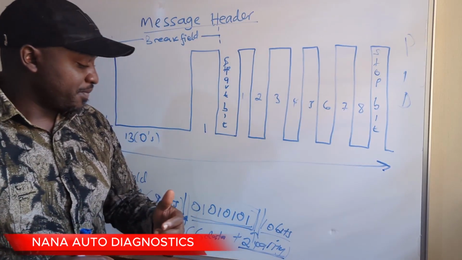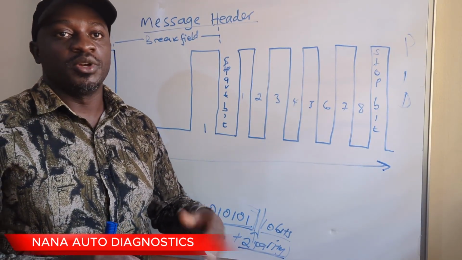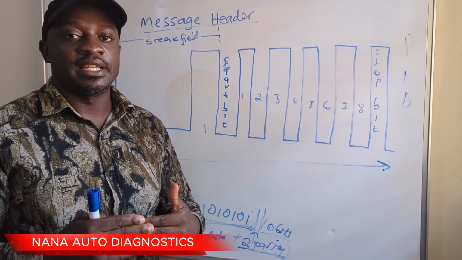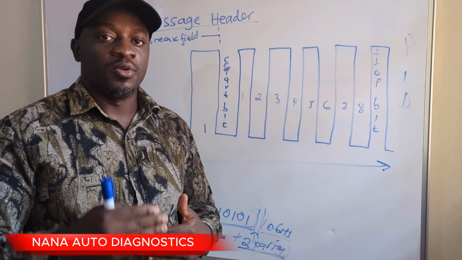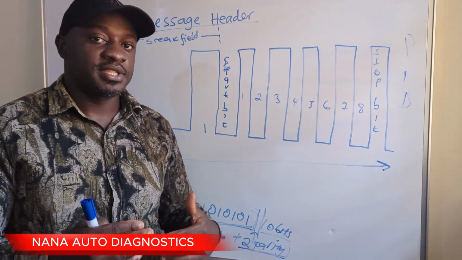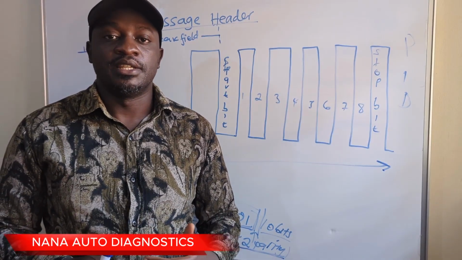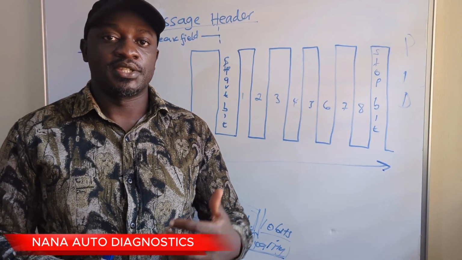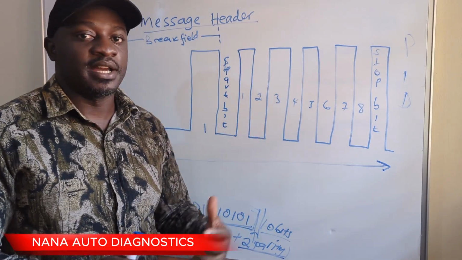So the main function of the 2 parity bits is to ensure that we have data integrity as it is being transmitted on the bus. So next, let's look at the message frame that is sent by the slave node after receiving this data.